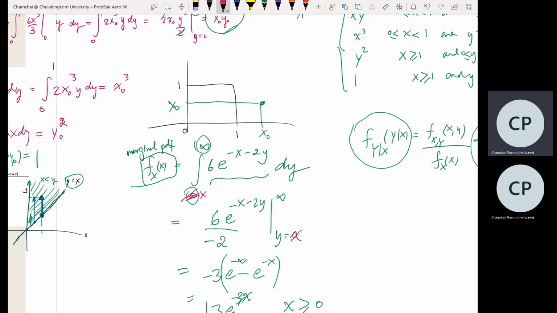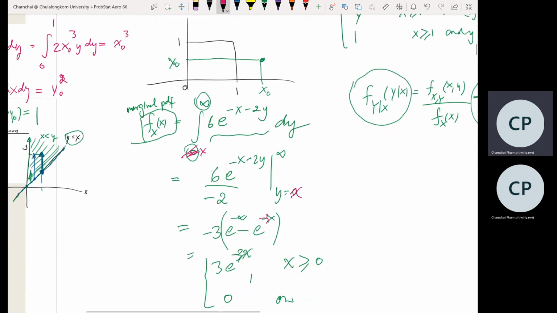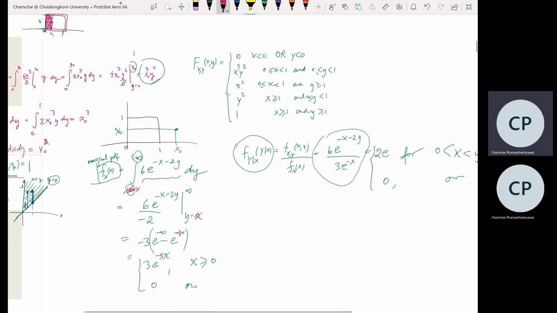So this is e to the what? e to the negative infinity minus e to the negative 3x, okay, so this must be e to the negative 3x. So this is divided by e to the negative 3x, we get 2 e to the what?